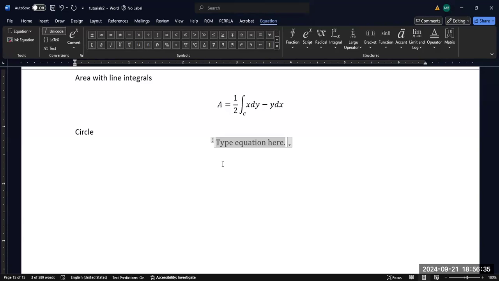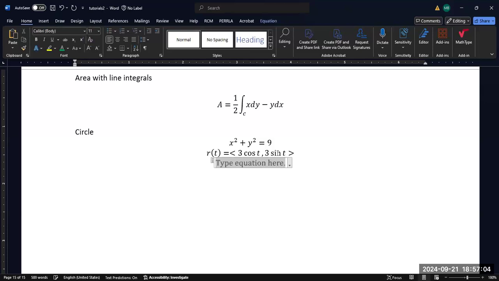So let's say I have a circle of radius 3, x squared plus y squared is equal to 9. And in parametric form, this would be 3 cosine t. Let's put this in, I guess, angle bracket form, to make it easier to type. 3 sine t.